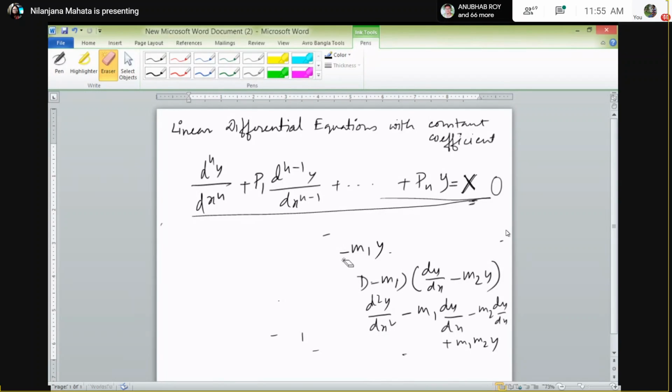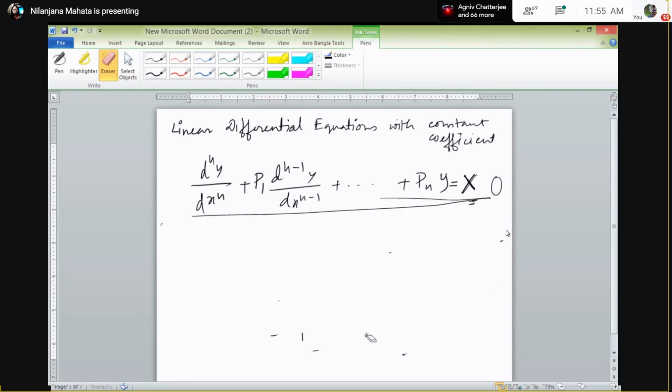Next, suppose this is written as f(D) y is equal to x.